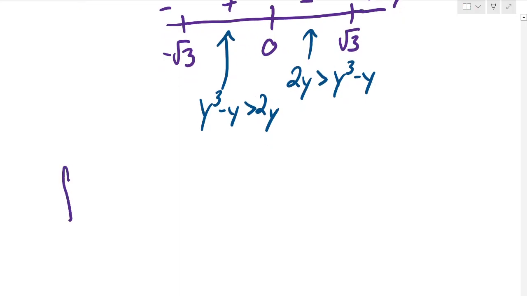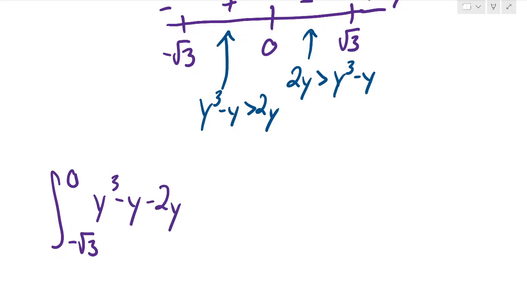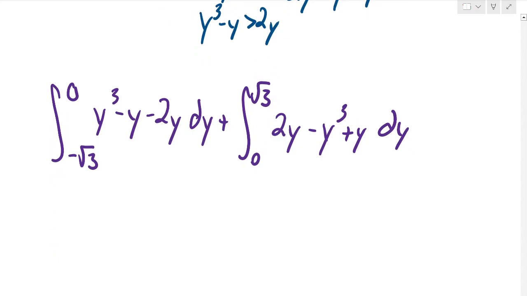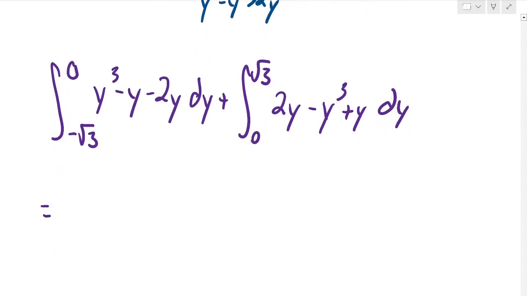Okay, so we'll have the integral from negative root 3 to 0 of y cubed minus y minus 2y dy. And then the integral from 0 to root 3 of 2y minus y cubed plus y dy. And now we'll just go ahead and evaluate this.